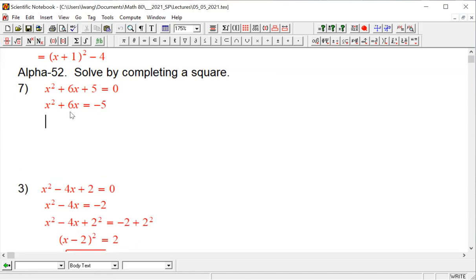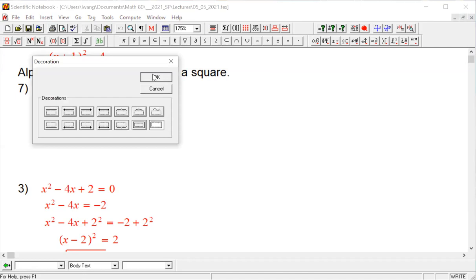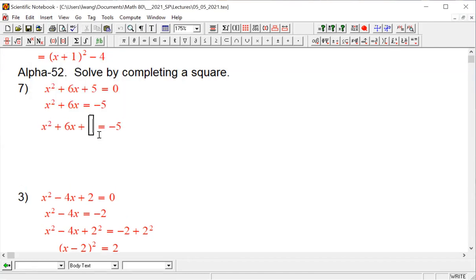Now we need to figure out what number do I add on both sides? 3?